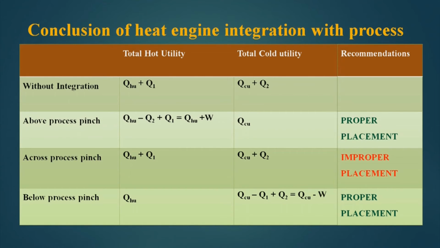So, whenever I try to integrate my heat engine with a process, it will be either above the pinch or below the pinch, and it will never be across the pinch. So, this conclusion we draw by integration.